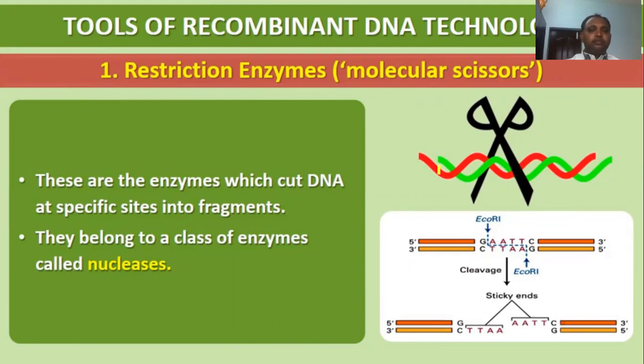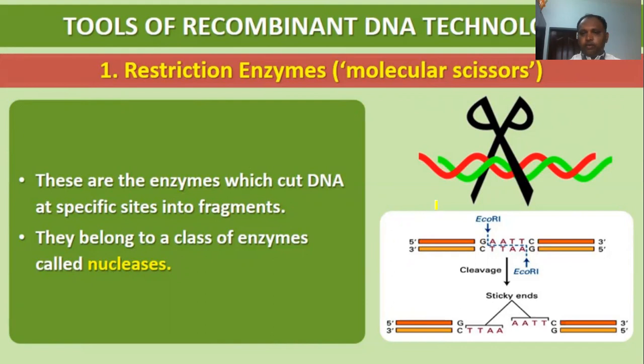These enzymes belong to the class of nucleases. A nuclease is an enzyme which degrades nucleic acid molecules like DNA and RNA. So the restriction enzyme also comes under the category of nucleases; it is a type of nuclease which cuts the DNA at specific sites into fragments.